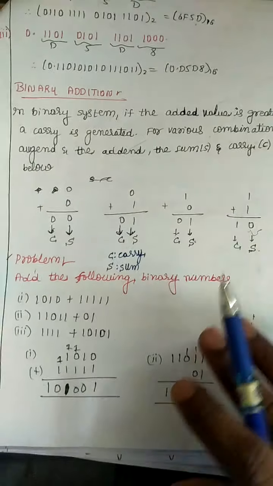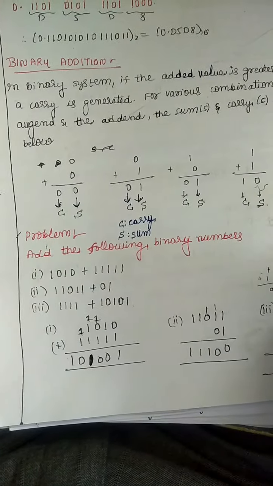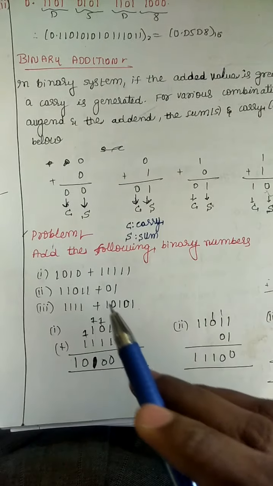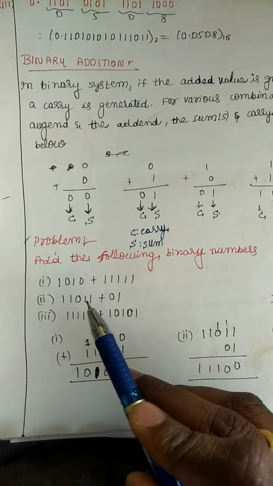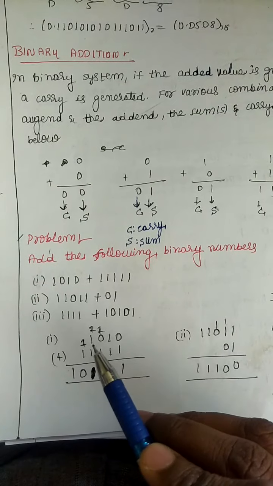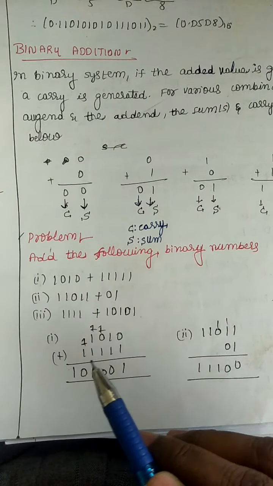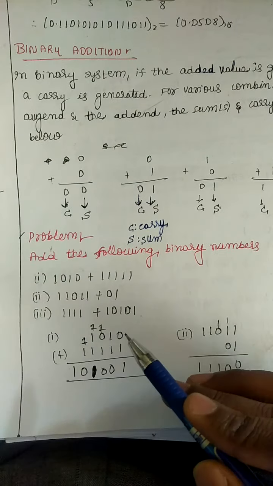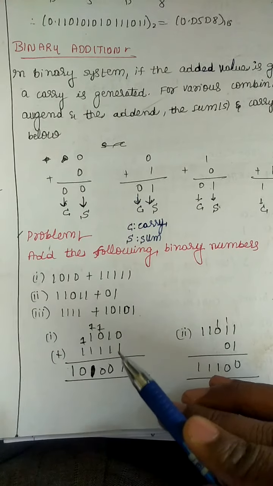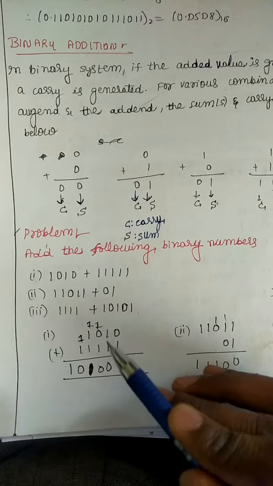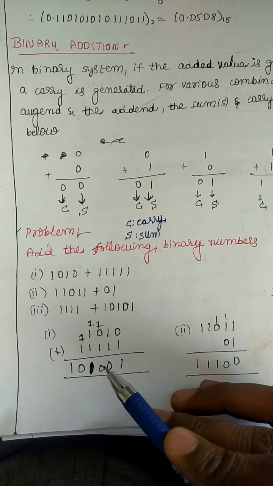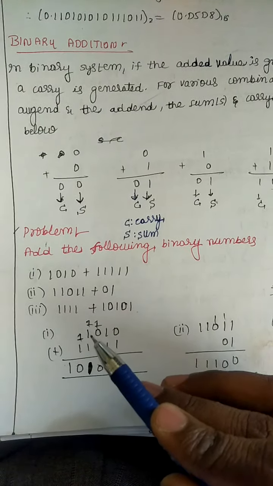Okay. So we'll take four different combinations for binary addition. The first one, 1010 added with 1011. If you add 0 plus 1, you will get 1. 1 plus 1, 0, 1 carry. 1 plus 1, 0, 1 carry.